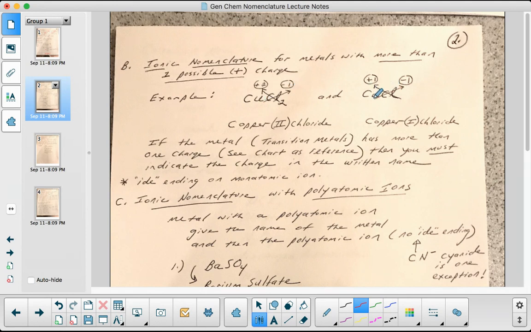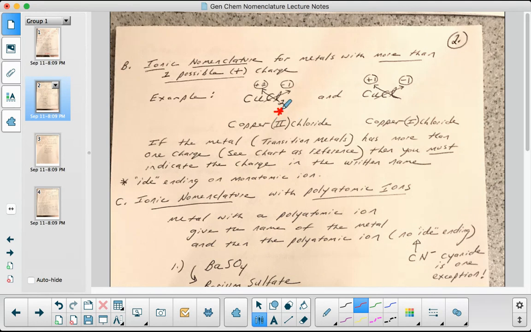And then here, where I have CuCl in just a 1-to-1 ratio, since chloride ion is always a -1, it's a halogen, the halogens are always -1, then the copper must be a +1. So the way you distinguish between the two is by using a Roman numeral.